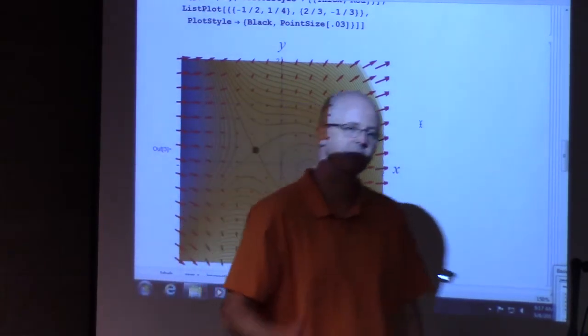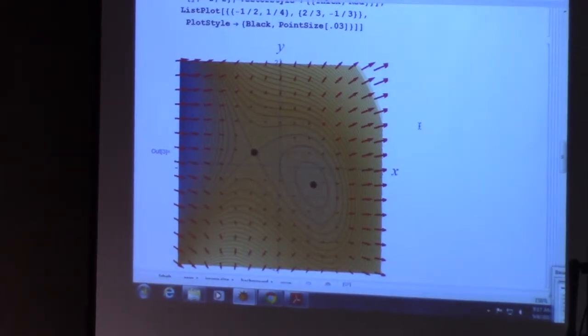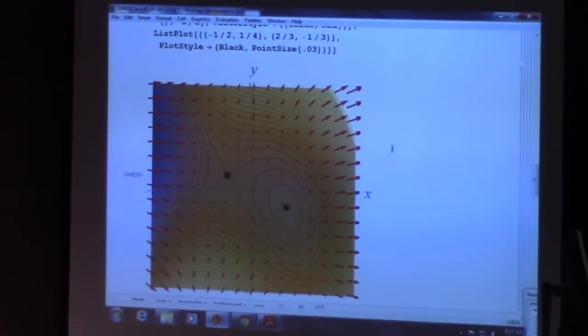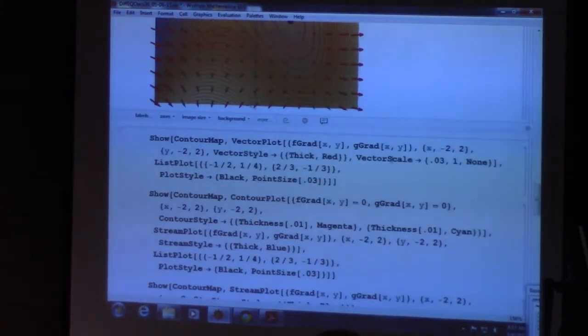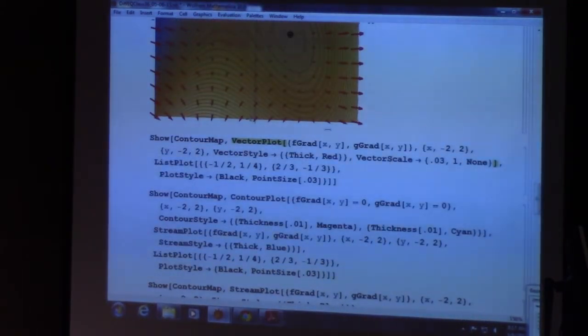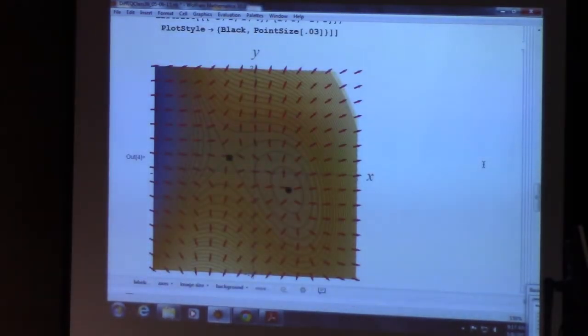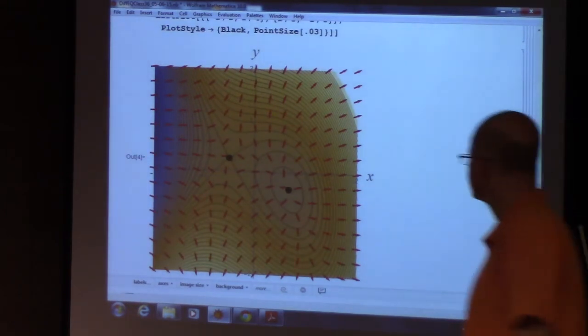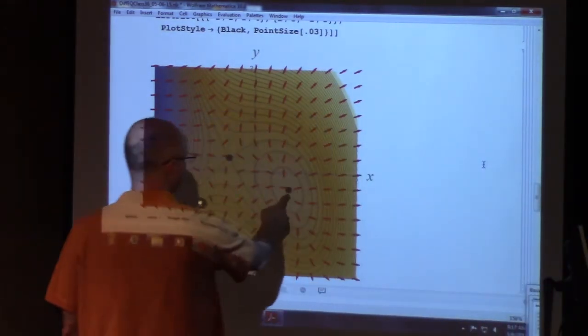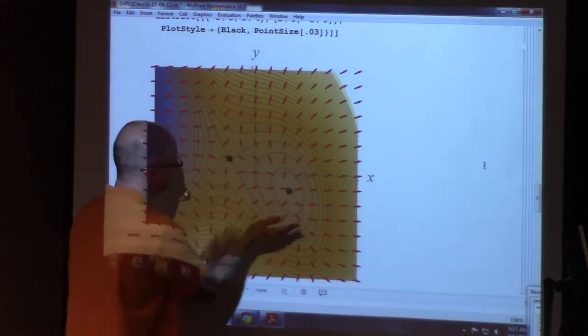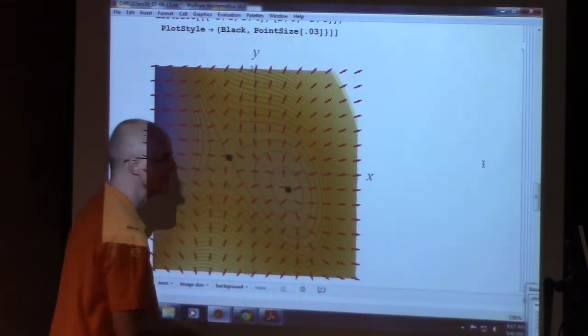Let's get the direction field in there. Those vectors are scaled down. They're not as long as they should be, but remember, when they're as long as they should be, the picture is too messy. If I use the vector scale option to make a direction field rather than the vector field, so that they're all the same length, then we see the directions better. So looking at this, it looks like that point's probably a source. The vectors are pointing away from it.